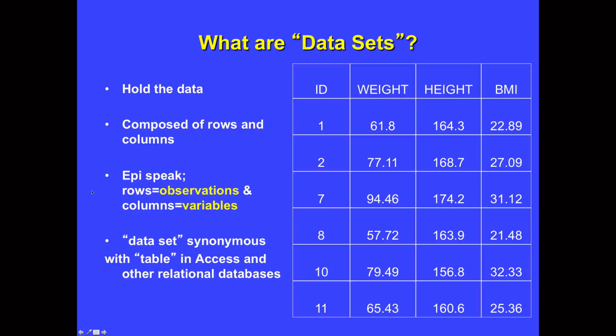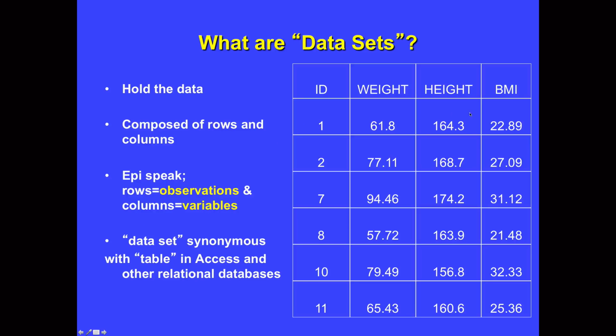And in EpiSpeak, the rows are generally referring to observations or study participants or patients in your data set, and the columns are referring to variables in that data set. And again, a data set in SAS is really synonymous with a table in Access or other relational databases.